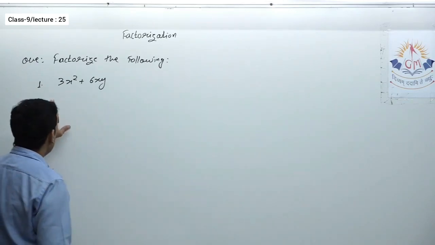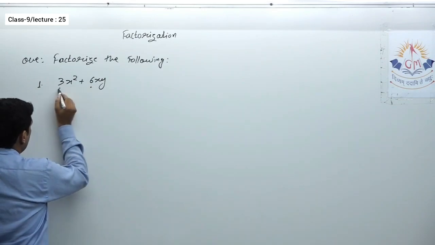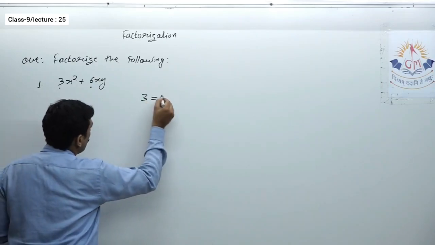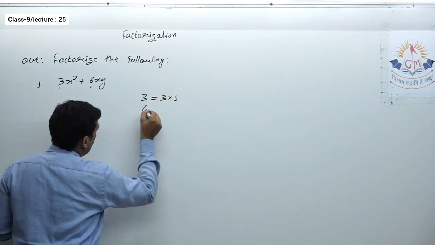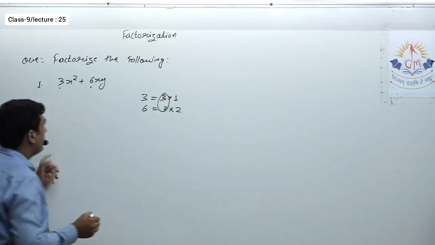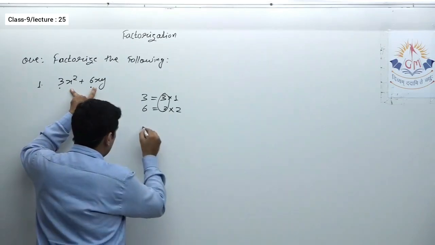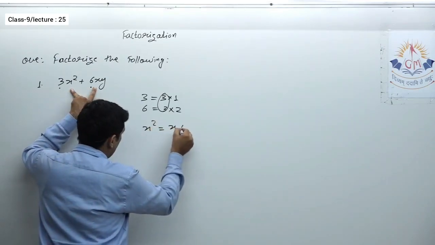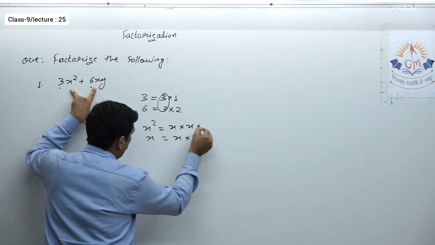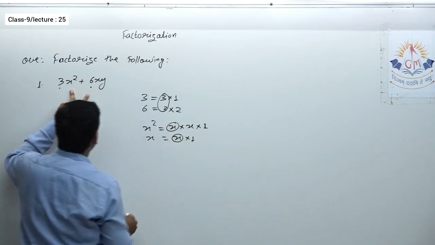So here if you observe carefully, there is 3 and 6, and among 3 and 6 we can say 3 is common because 3 is 3 multiplied by 1, 6 is 3 multiplied by 2. Now among x square and x, x square means x multiplied by x and x is x multiplied by 1. 1 is always a factor of any number. So here again we can take x common.